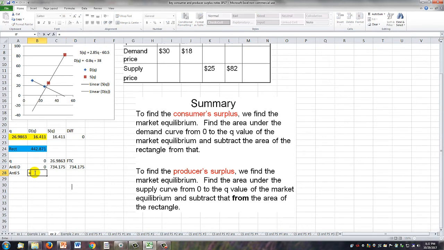And then my anti-supply would be 2.85 times Q squared divided by 2 minus 60.5 times Q. And drag that to find the upper limit. And then the FTC would be this minus this. I'll just check my work because it's negative.